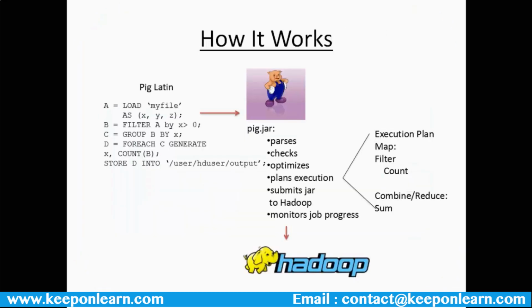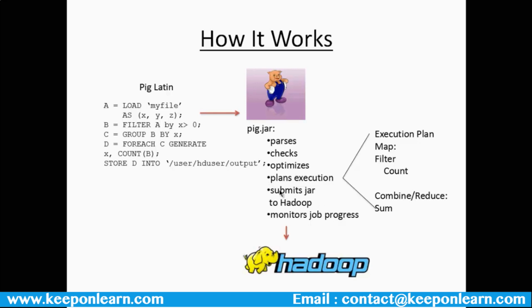You can see very clearly in our next slide how the Pig Latin scripts work. We are going to discuss it line by line in our training. Once you develop your Pig scripts, they will be parsed, checking syntax errors and user errors, then optimized, and we create the execution plan. This is where the compiler comes into the picture.